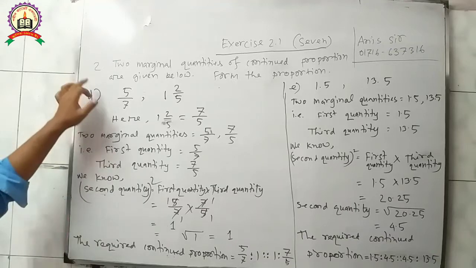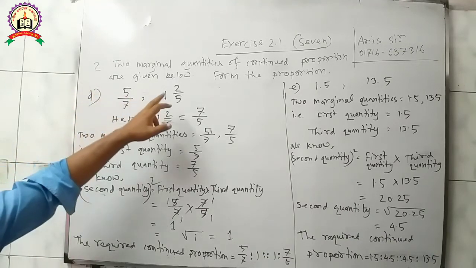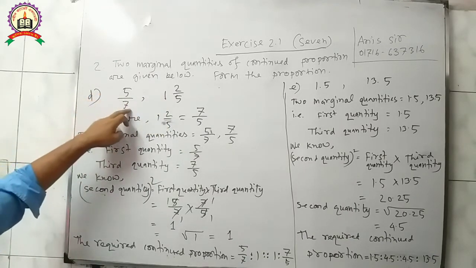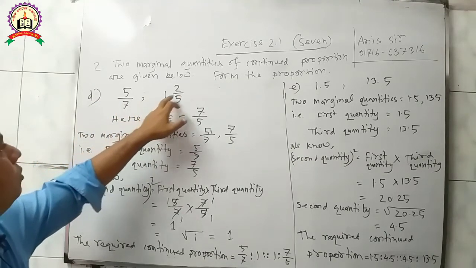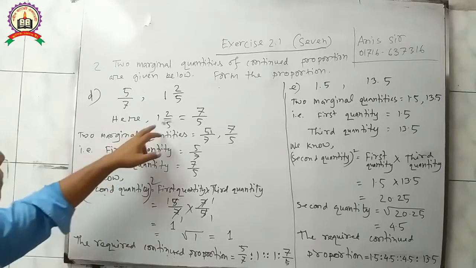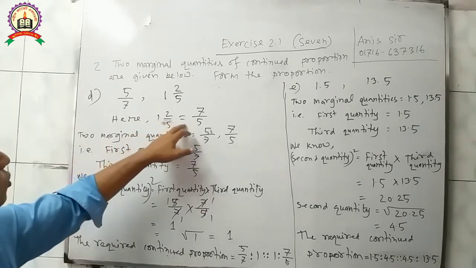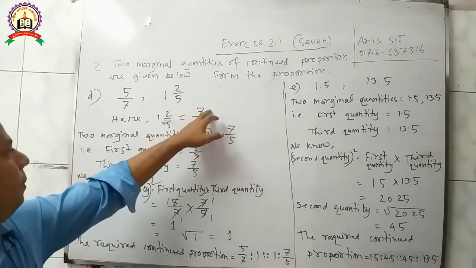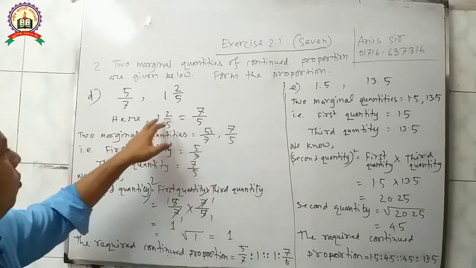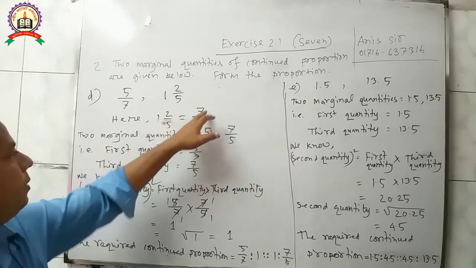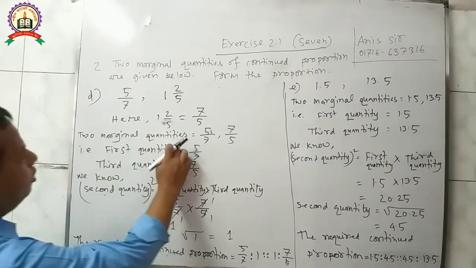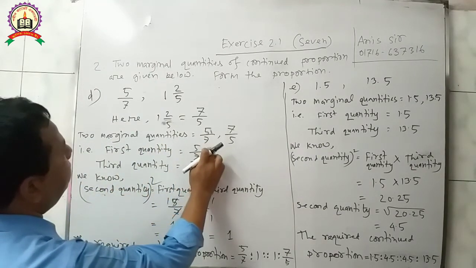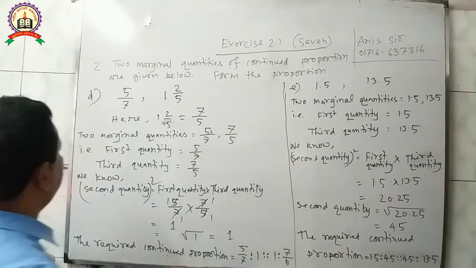Now D of 2, given two marginal quantities 5 by 7 and 1 whole 2 by 5. Here 1 whole 2 by 5 equal to 7 by 5. Two marginal quantities equal to 5 by 7 and 7 by 5.